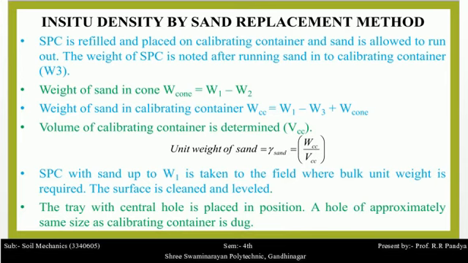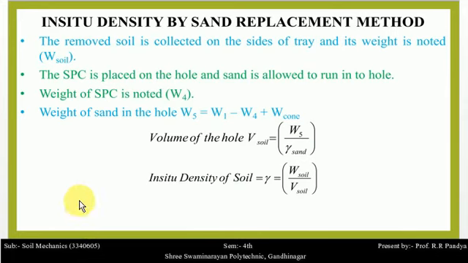A hole of approximately the same size as the calibrating container is dug into the ground. Now, the removed soil is collected at the side of the tray and its weight is noted down as Wsoil.